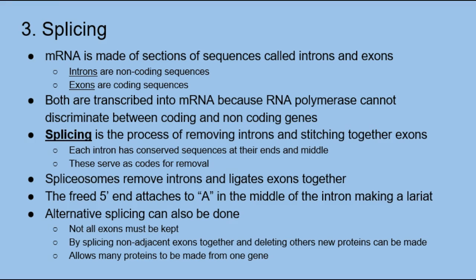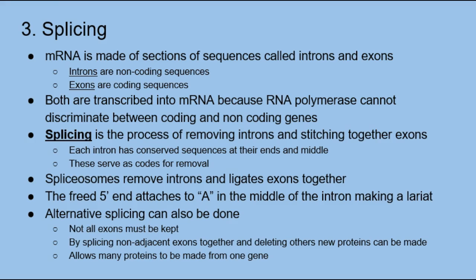Splicing is also done because mRNA is made out of sections of sequences called introns and exons. Introns are non-coding sequences of mRNA, and exons are coding sequences of mRNA. Both are transcribed because RNA polymerase can't discriminate between coding and non-coding genes, so splicing is the process of removing introns and stitching together exons.